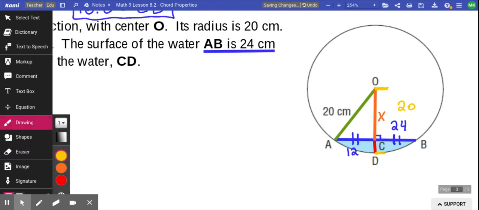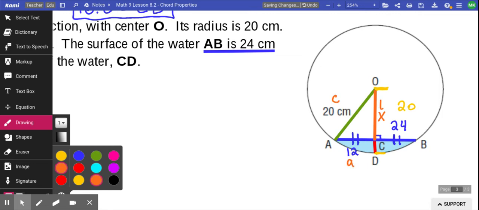I'm going to do Pythagorean theorem. This is C, this is A, this is B. So if we do C squared minus A squared, it would equal B squared. We're doing 20 squared minus 12 squared should equal B squared.